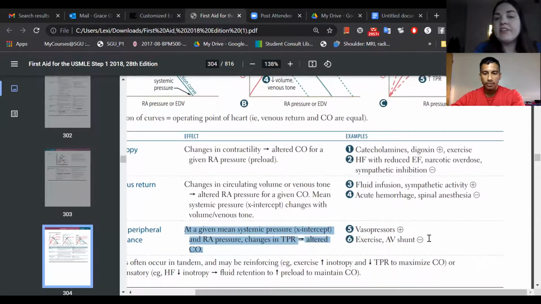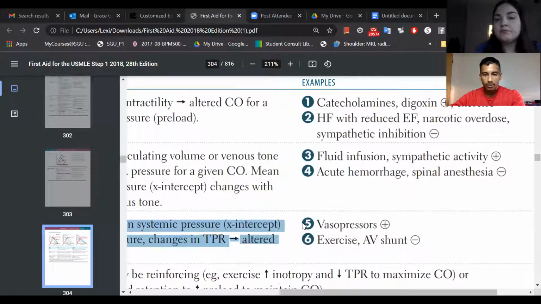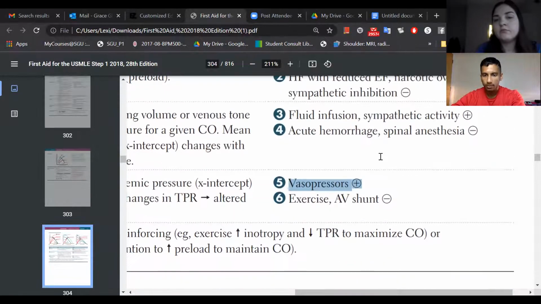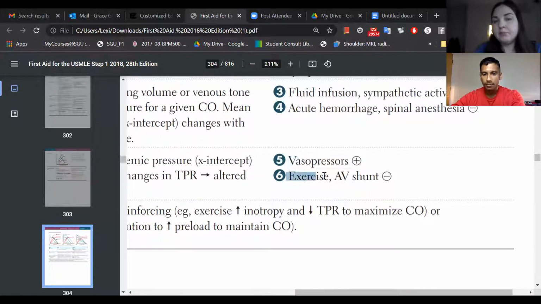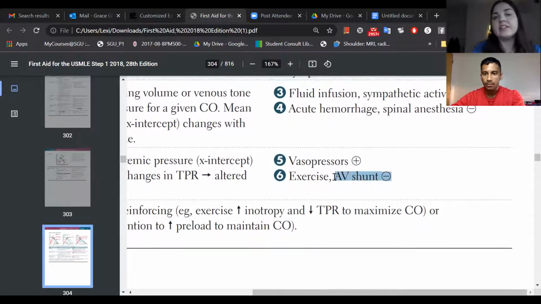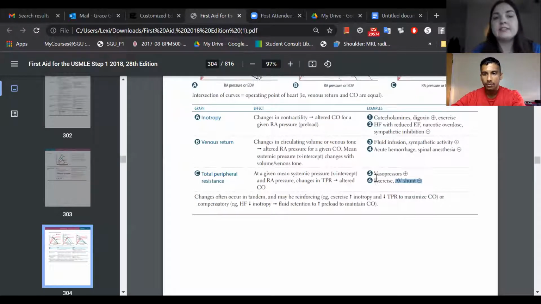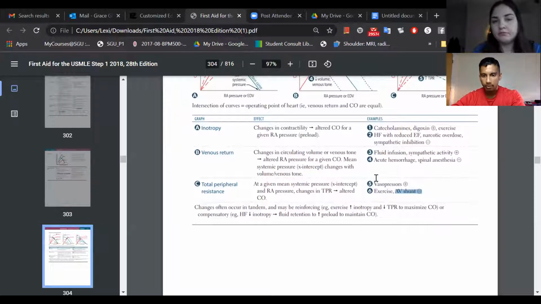And then the examples they give are vasopressors, that's to vasoconstrict, that's to increase our TPR, or vasodilators to decrease our TPR right here, exercise or an AV shunt. You guys weren't really talking about AV shunts yet. That's a little more advanced for you. Right now, just think exercise, catecholamines, whatever.